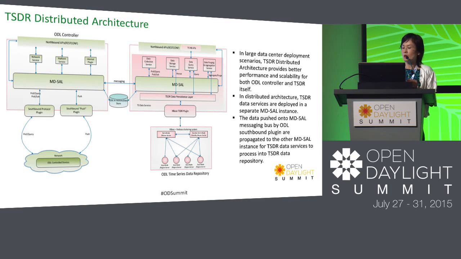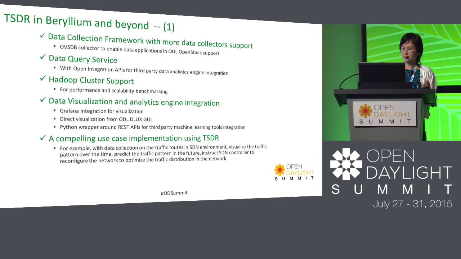The modules, design, and architecture will be exactly the same as the single integrated architecture; the only difference is the deployment. We are going to leverage messaging to transport the data from one MD-SAL instance to the other.